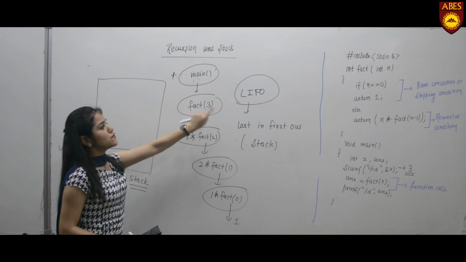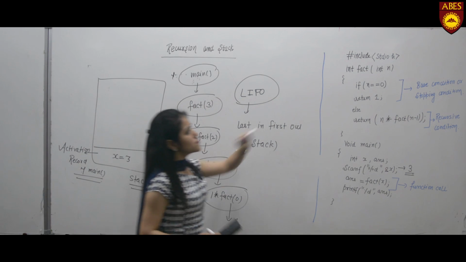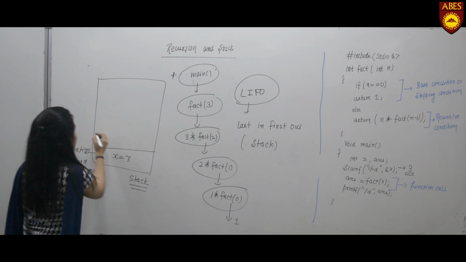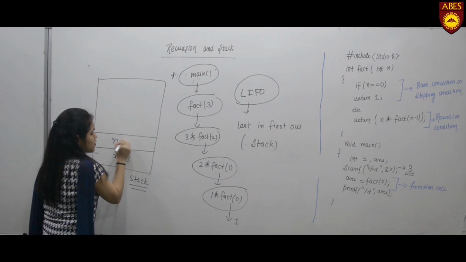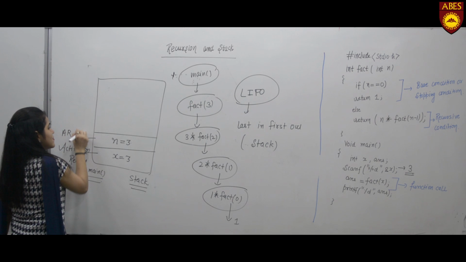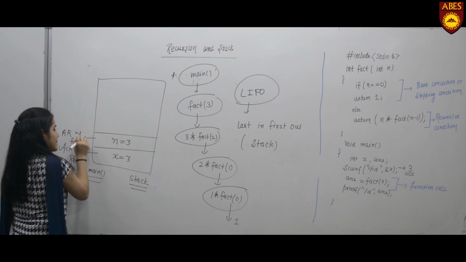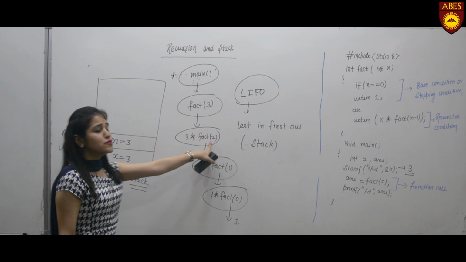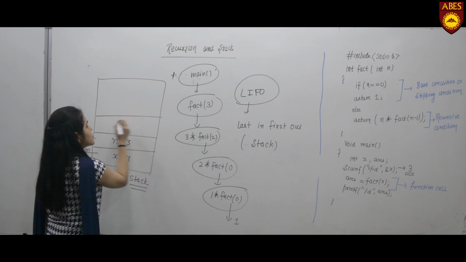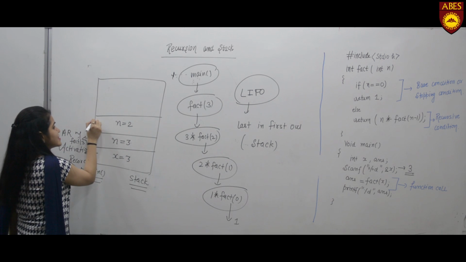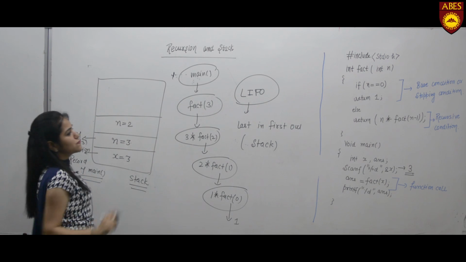After that, fact of 3 is called. In the case of fact of 3, the value of n is 3, so in the stack, n equal to 3 will be stored. This is the activation record of fact 3. Next, fact of 3 calls fact of 2, so the activation record of fact of 2, that is n equal to 2, will be stored in the stack.